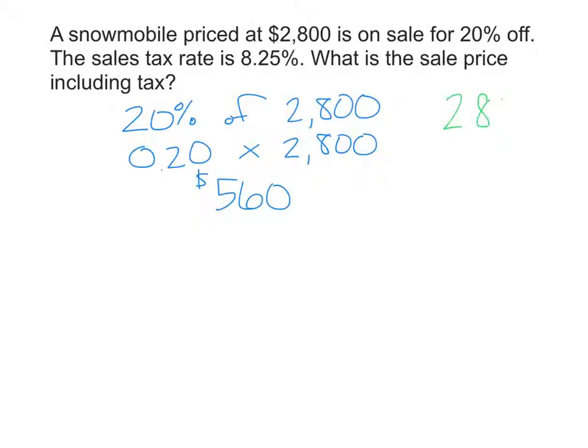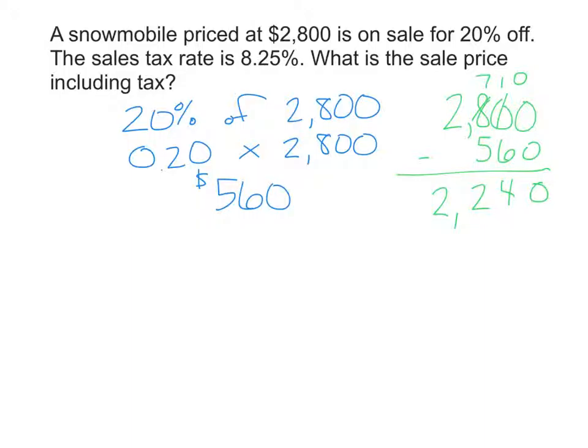So take $2,800 and subtract 560. So we should get, so now, instead of our snowmobile being $2,800, it is now $2,240, now that it's on sale.